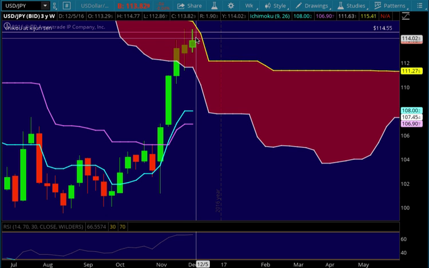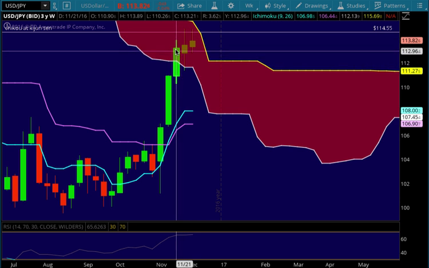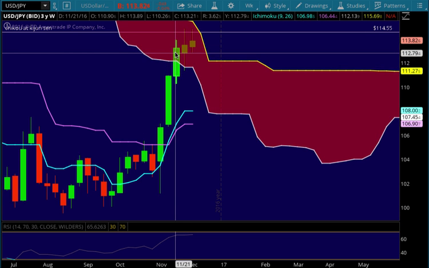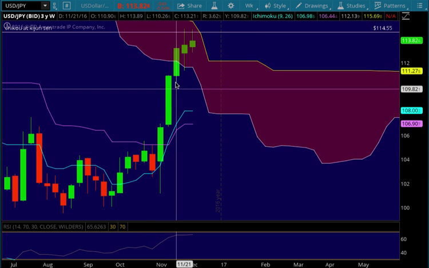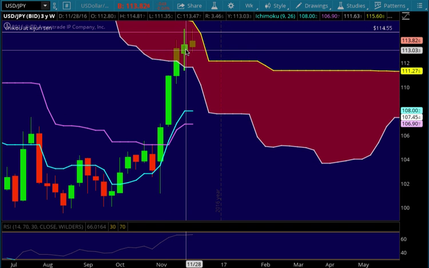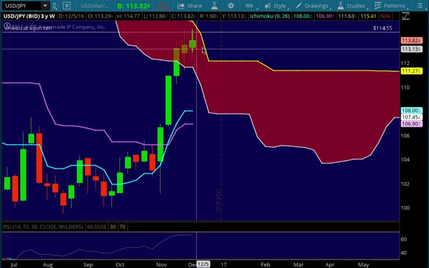We are firmly off the highs, but there's no guarantee that we will not retest them. As far as cloud analysis, since we closed inside the cloud on the weekly time frame a couple weeks ago, the weekly trend went from being bearish, as price action was under the cloud, to being neutral. Anytime price action is inside the cloud, it's considered to be neutral in Ichimoku terms.